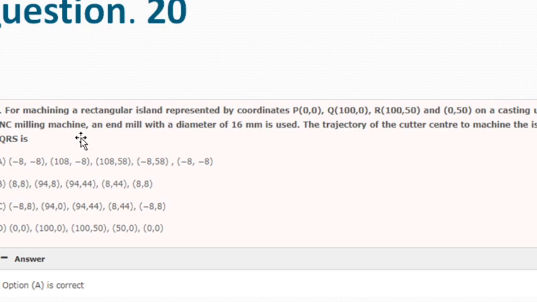Machining of a rectangular island, the 4 coordinates are given. An end mill with a diameter of 16 mm is used. Diameter of the end mill cutter is 16 mm. What is the trajectory of the cutter center to machine the island PQRS? Movement of the cutter center to machine the island.